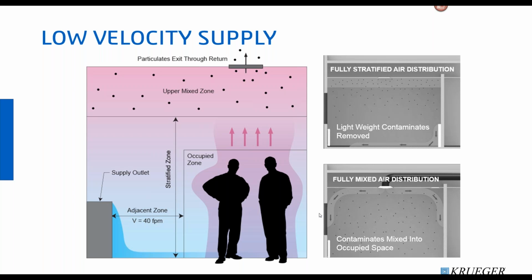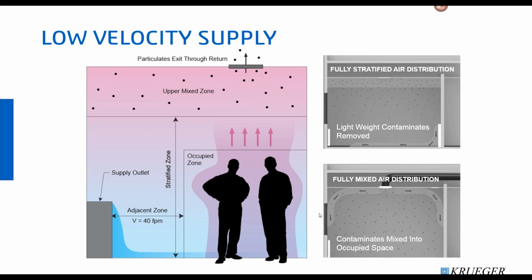That provides us an already existing space away from the wall where we can introduce air, and we know that occupants aren't going to be placed directly in that adjacent zone. So we basically have a buffer region running around the perimeter of a zone or a room where we can place our displacement products. We'll talk a little more about why that adjacent zone is important later in this presentation. But before we get to that, let's go over some of the elements in these illustrations.